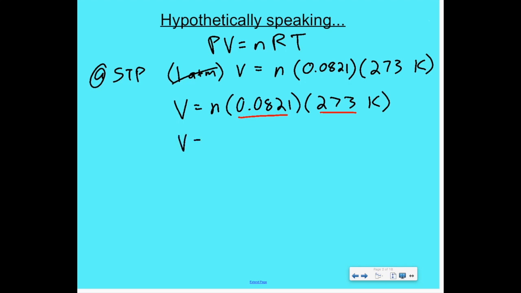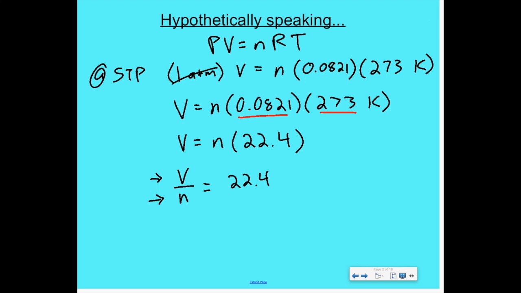And what we find is that V equals n times about 22.4. If we get our variables on the same side, we end up with V over n is 22.4. So our volume divided by our number of moles is 22.4.